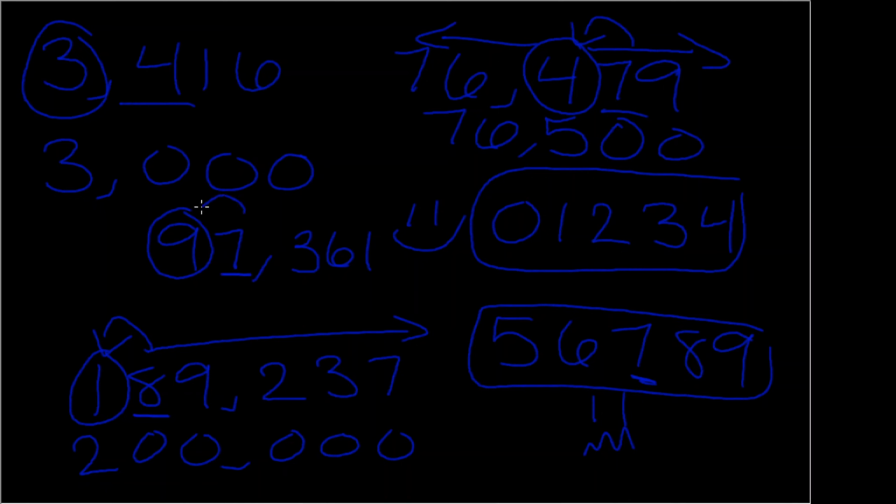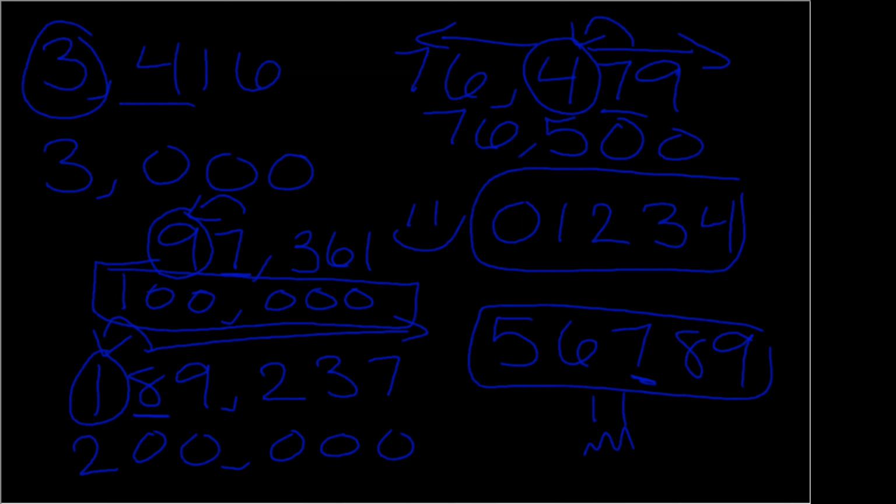So my 7 is mean and pushy, and it tells my 9 to go up. So my 9 is now becoming a 10. My 7 becomes a 0. My 361 becomes zeros. And so it's rounded up to 100,000.